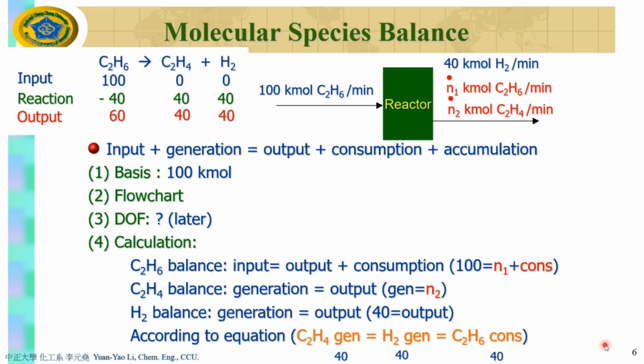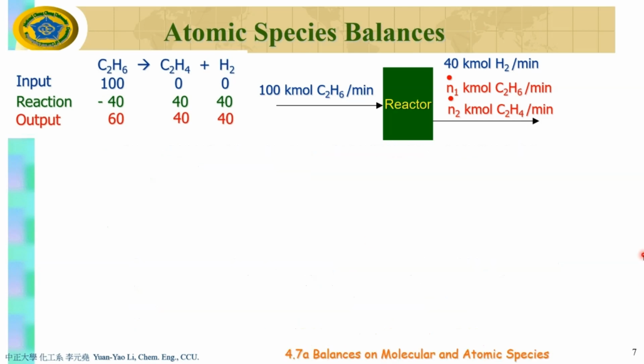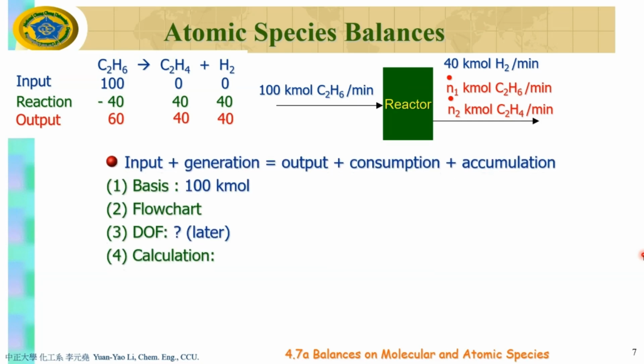Okay. However, before you do the calculation, you need to know whether you can get these two numbers or not by using DOF. So how about the atomic species balance, using the same case?